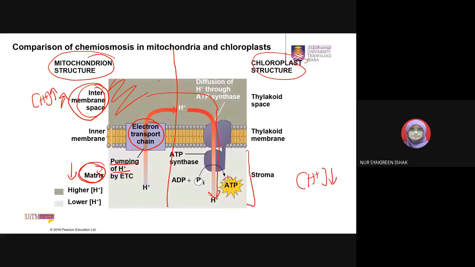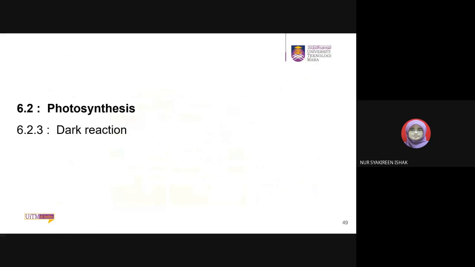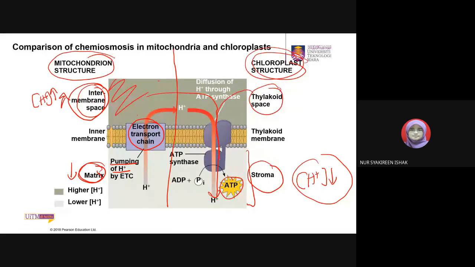Sama juga kalau dalam chloroplast, dia akan pump daripada stroma, which has low concentration of hydrogen ion, into the thylakoid space because there is a high concentration of hydrogen ion in the thylakoid space. Okay, so dia akan diffuse back balik ke dalam stroma dan proses tu akan menghasilkan ATP.